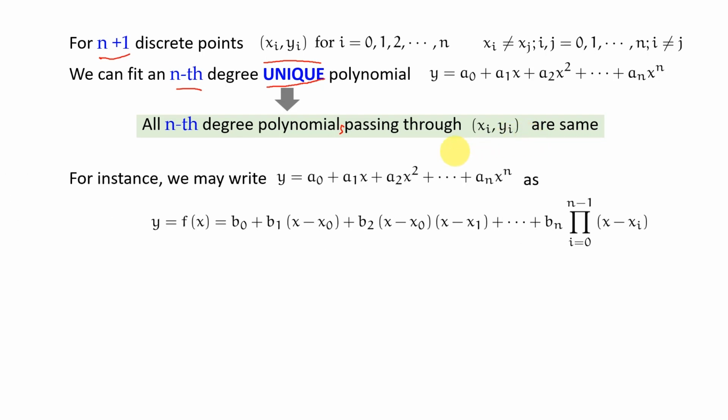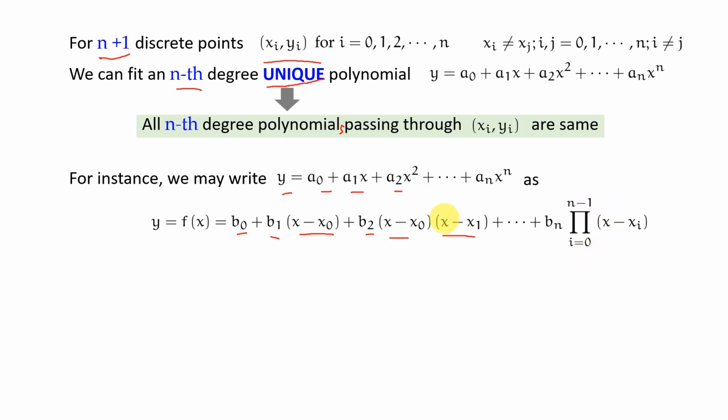So instead of writing the polynomial as y equals a0 plus a1x plus a2x square, etc., we write the polynomial as b0 plus b1 into x minus x0 plus b2 into x minus x0 multiplied by x minus x1, etc. And in the last term, I have bn multiplied by the product of x minus xi, where i goes from 0 to n minus 1.